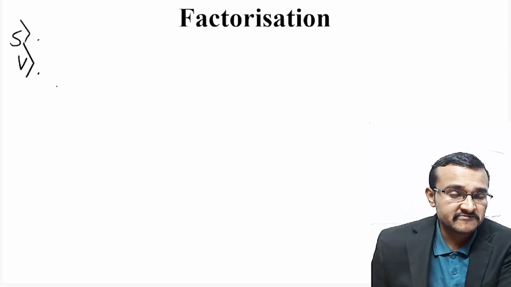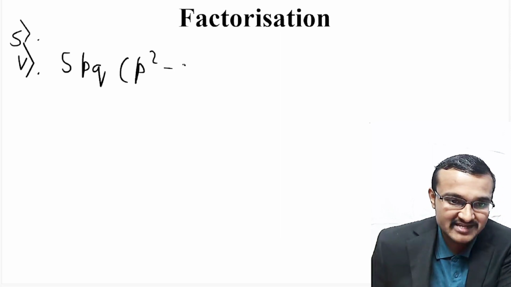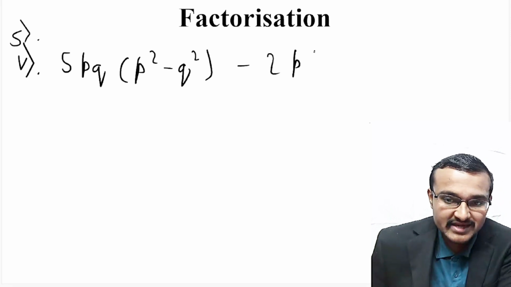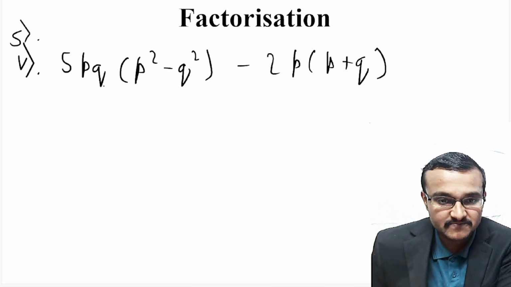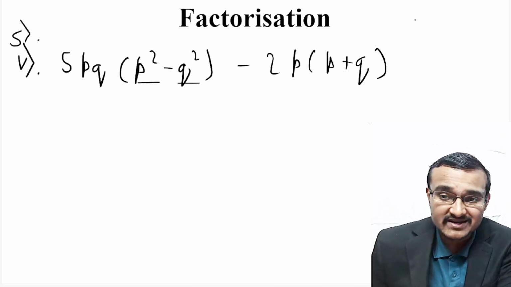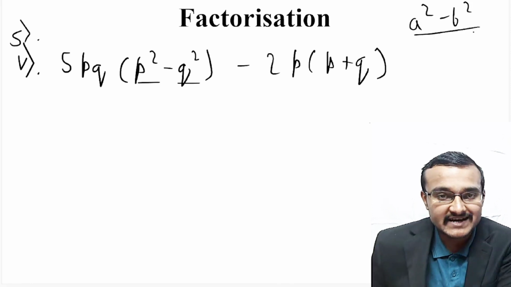Coming to the fifth question, they have given 5pq(p² − q²) as one algebraic expression, divided by 2p(p + q) as another. Here you can clearly see p² − q² is in the form of a² − b² identity.